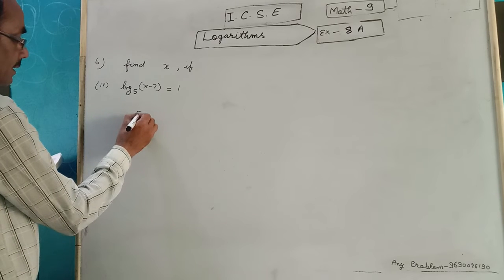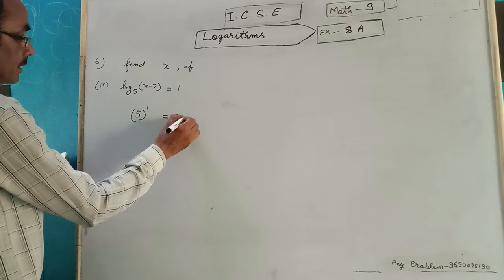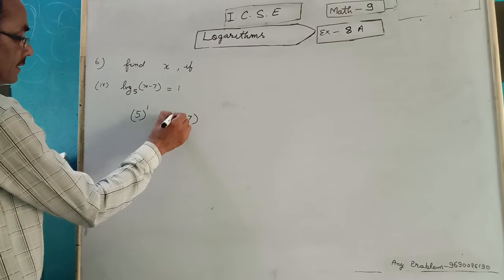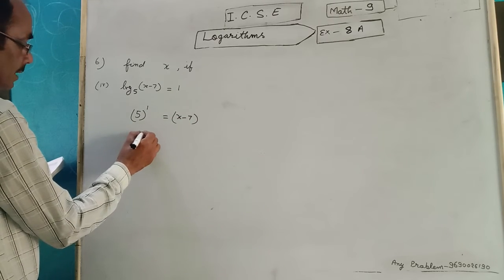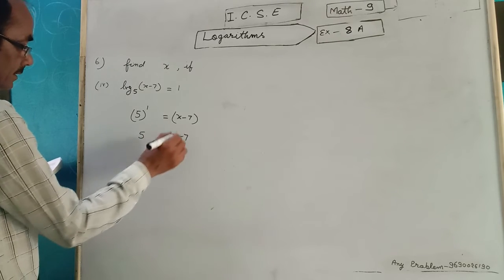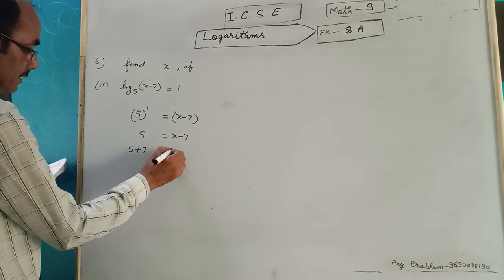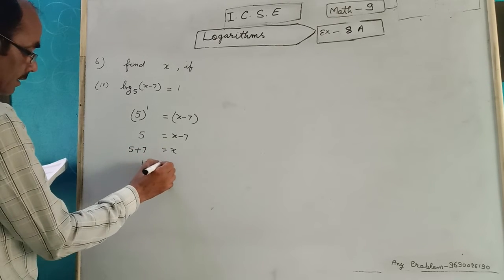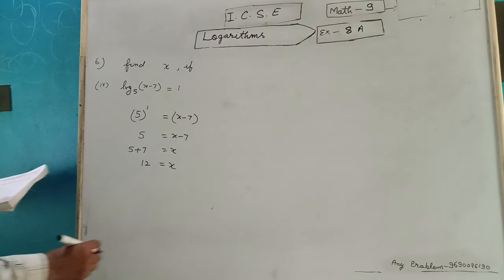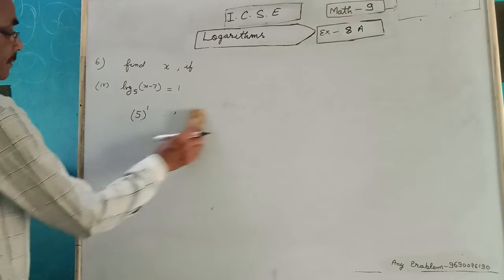Write the exponential form. 5 as power 1 is equal to x minus 7. Remove the power. 7 reach the left hand side, make plus 12 is equal to x. X value is 12.